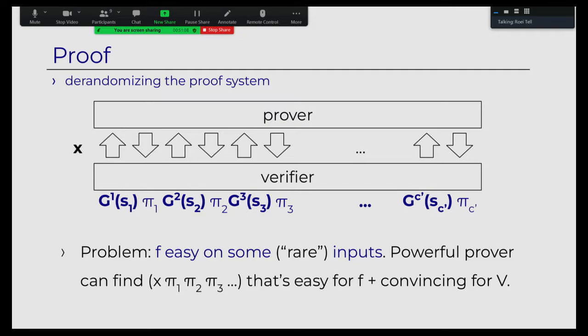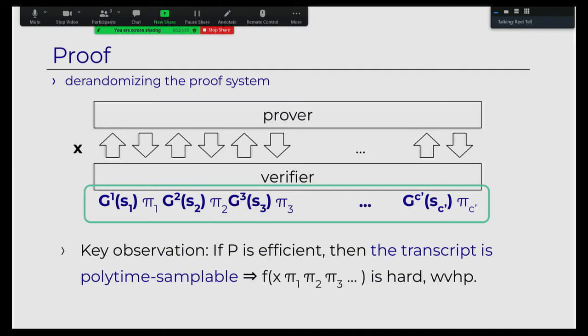And the key observation that makes the proof go through is that if the prover is efficient, then the transcript at each turn is just sampled from a polynomial time sampleable distribution. Because the prover is the one who samples it, along with the verifier's random coins.